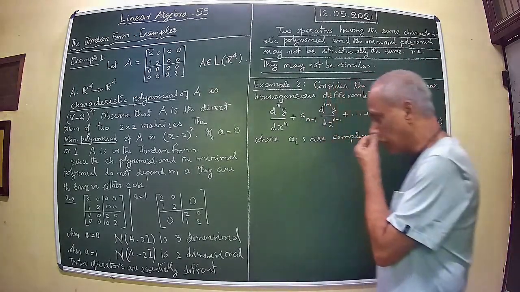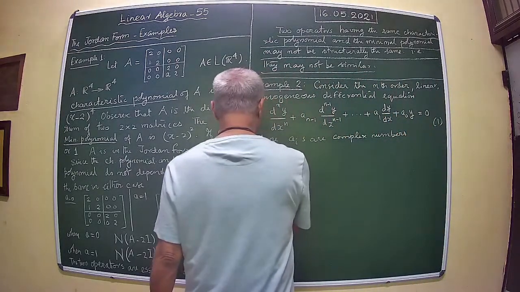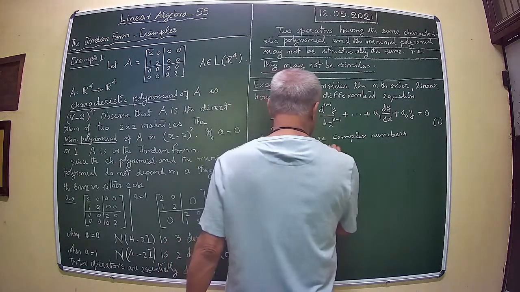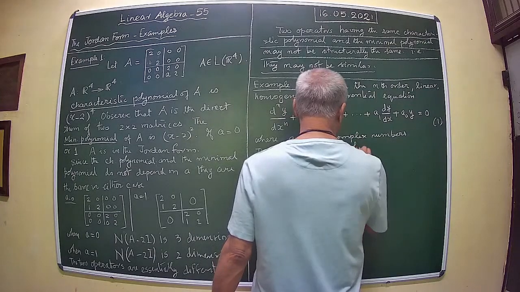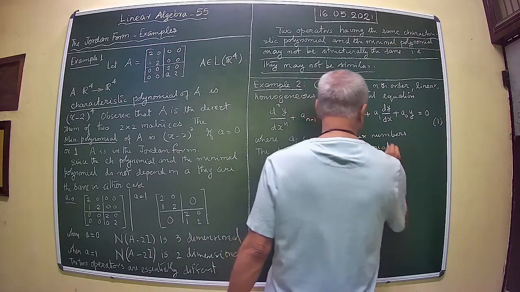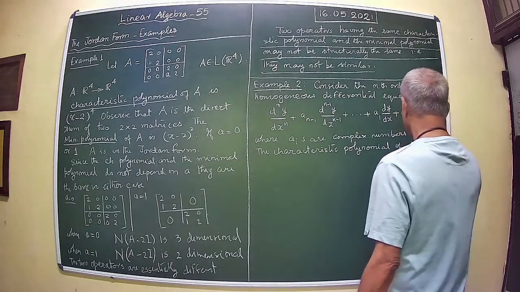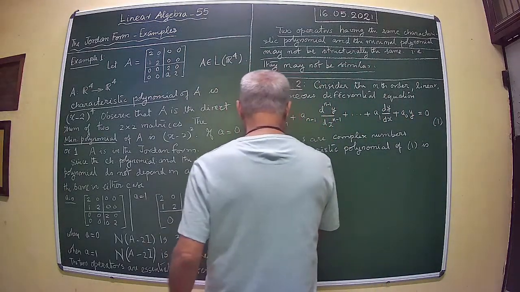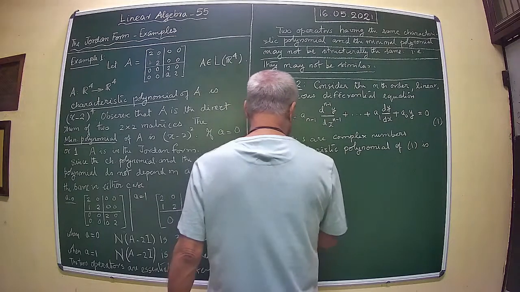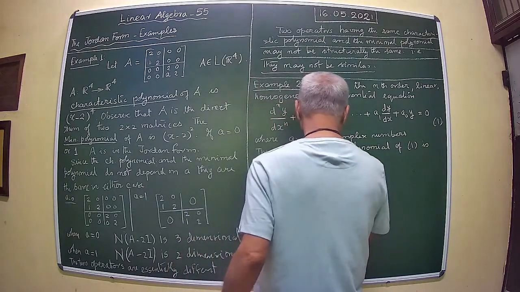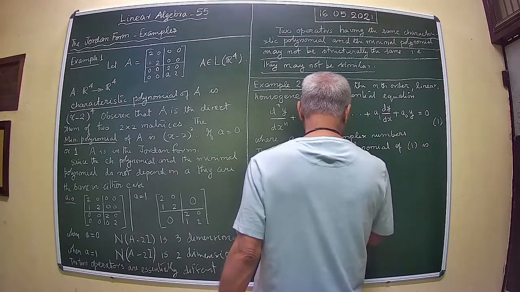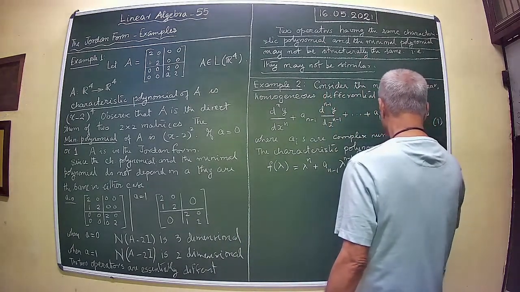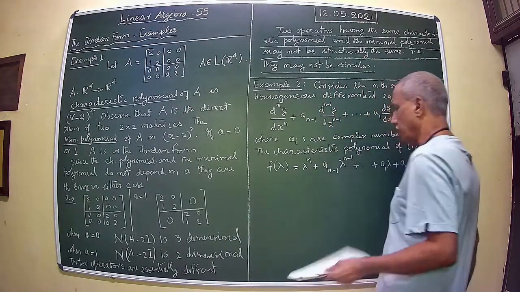Then the characteristic polynomial of the above equation is given by f(lambda) equal to lambda to the power n plus up to a_0.